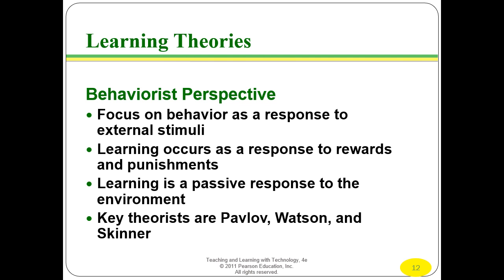So it really wasn't the food that was motivating them, it was the bell. And then Watson, another behavioralist, and then probably the most famous behaviorist of all, B.F. Skinner. His research and his work in the behavioralist theory is really even felt today.